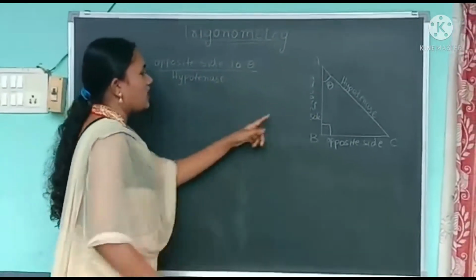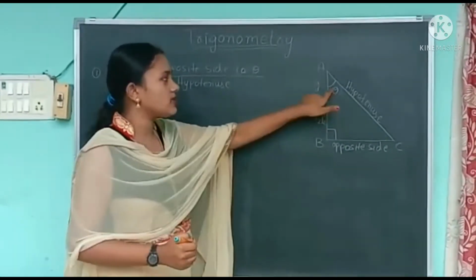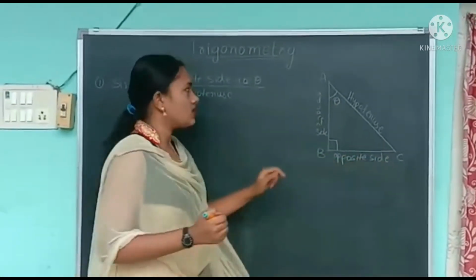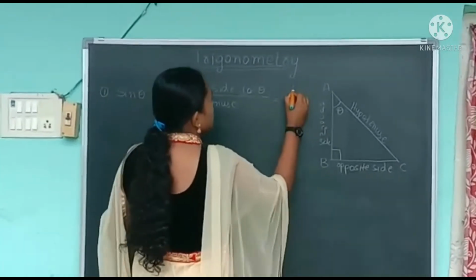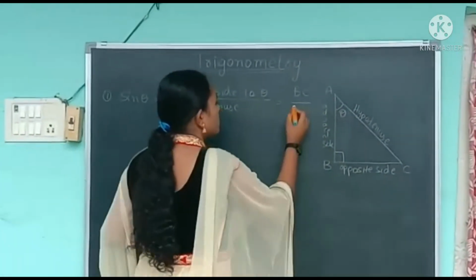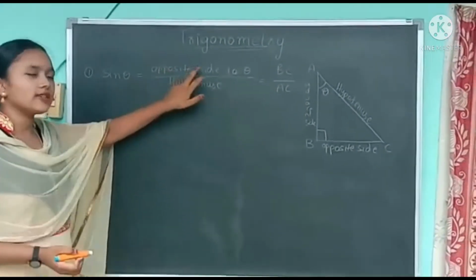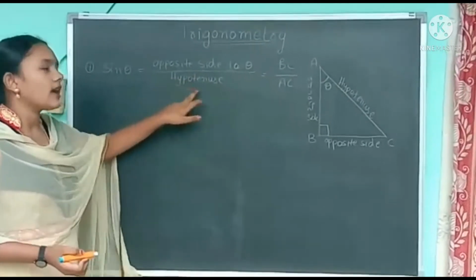So in this figure, what is the opposite side to theta? It is BC. So the opposite side to theta is BC, and the hypotenuse is AC. So sin theta is equal to the opposite side to theta by hypotenuse, that is BC by AC.